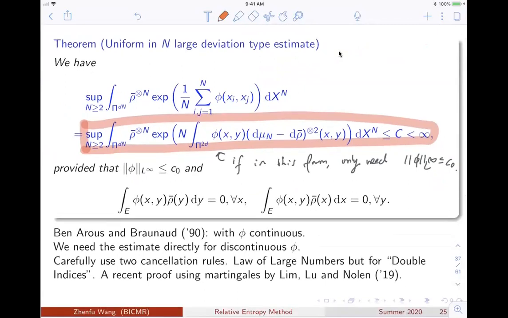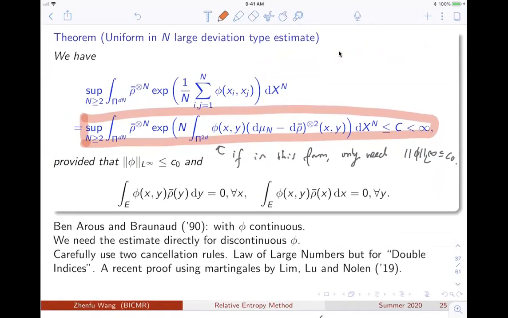So here our choice of phi satisfies the following assumptions, and these two assumptions are very crucial. We have two cancellation rules. If you integrate phi(x,y) with respect to y against rho bar, you get 0.